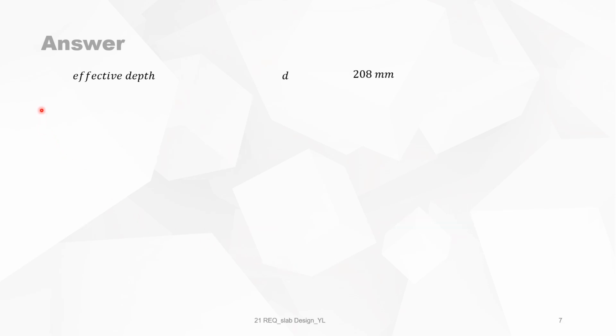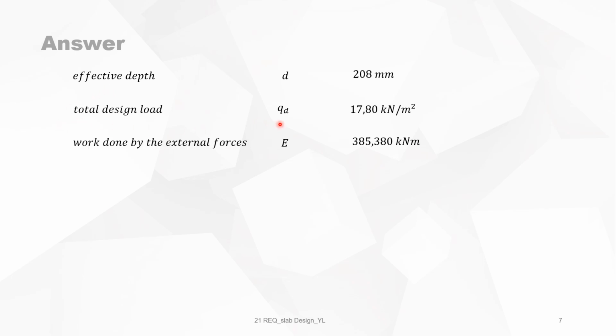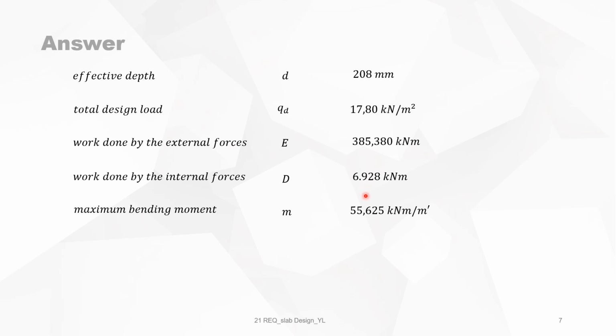Now we'll put all the elements that we've calculated into a table. The effective depth was 208 millimeters, the mean effective depth. Total design load was 17.8 kilonewton per square meter. Work done by the external forces is 385 kilonewton meter. The work done by the internal forces is 6.9 kilonewton meter.